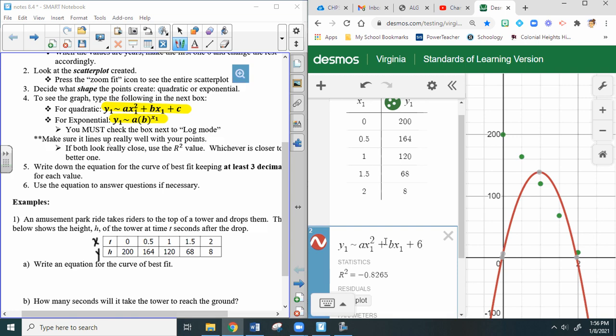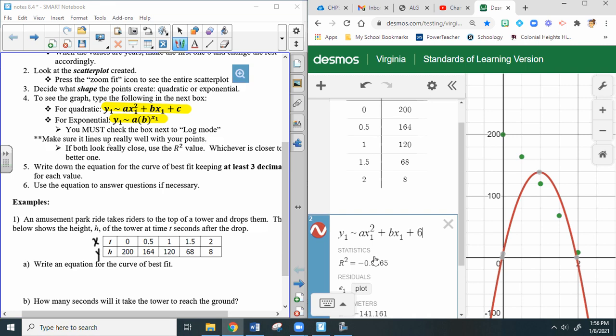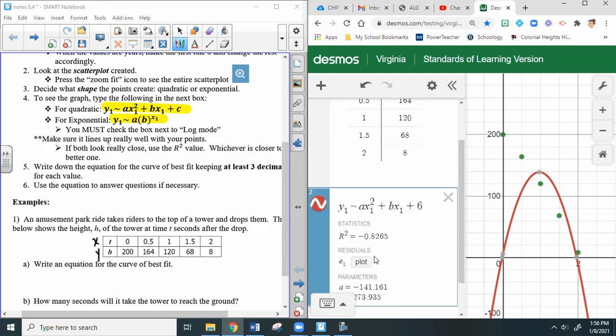Why didn't that line up? Did I type something wrong? 0, 200, 1, 120, 1.5. It worked before. Hold on.